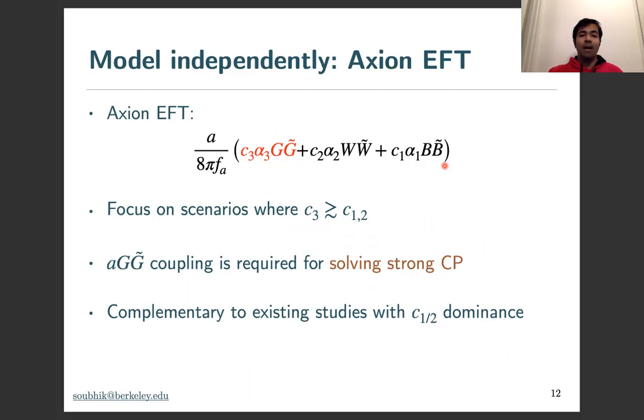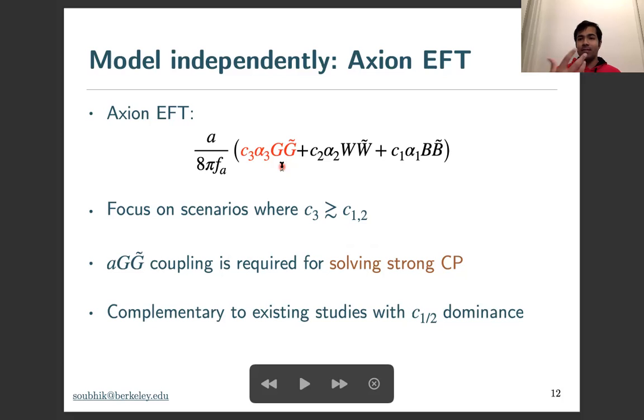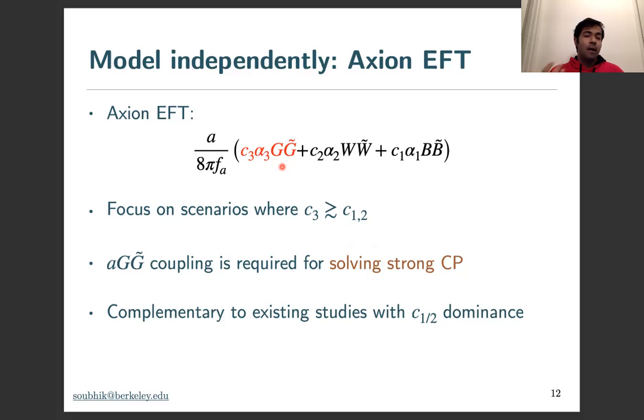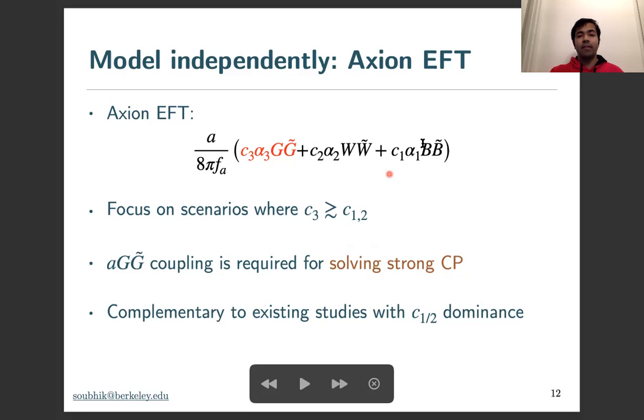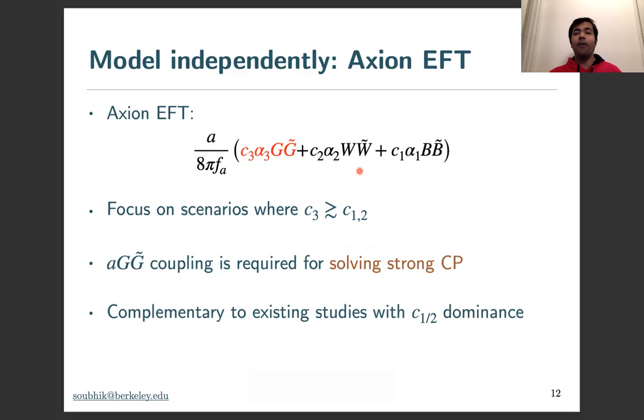And that's why the C3 coefficient, which characterizes the gluon coupling, in this talk, we'll take it to be much bigger than C1 and C2, which characterize the electroweak gauge boson couplings. In our paper, we do discuss the case where all these coefficients are equal. But for brevity in this talk, I'll focus on the case where this guy is much larger than C1 and C2. And this is also complementary to a lot of existing interesting studies where only photon coupling or W couplings are turned on.